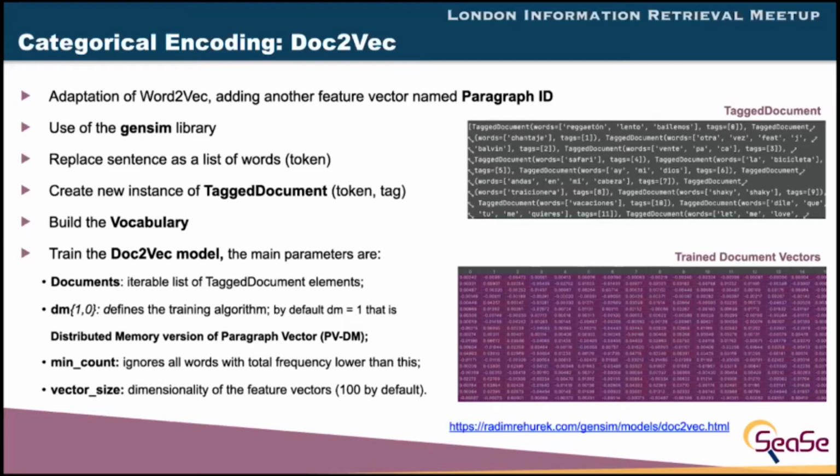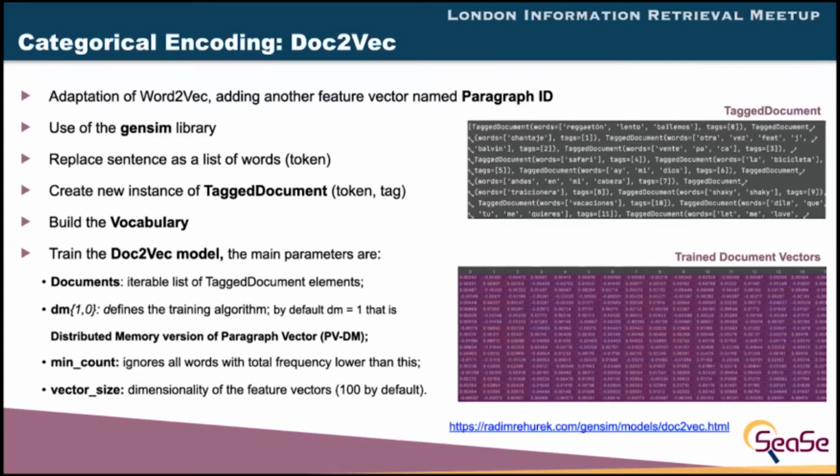The only difference between word2vec and doc2vec is that another feature vector, named paragraph ID, needs to be added to the model architecture. To apply this technique, we use the Python Gensim library.